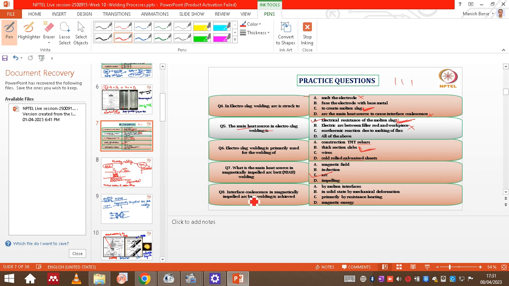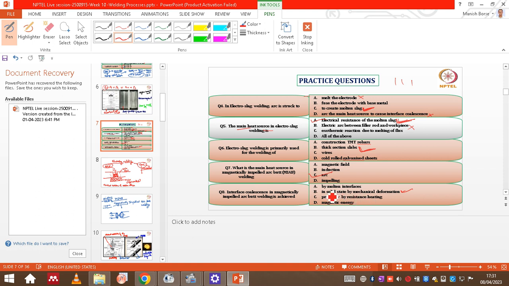And for the eighth question, we can say interface coalescence in magnetically impelled arc welding is achieved. So again, the B option is the correct one, as we have seen that once the molten liquid layer forms on the interface, we have to give upsetting force, and the liquid will be splashed out, and the joint takes place in the semi-solid state.